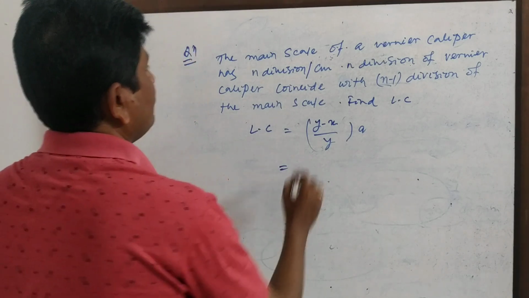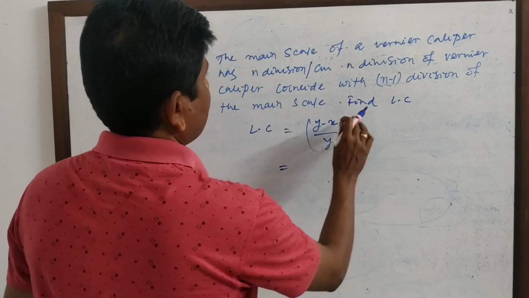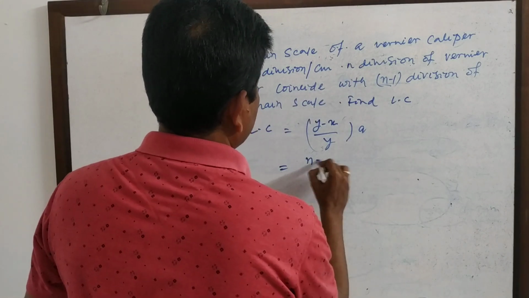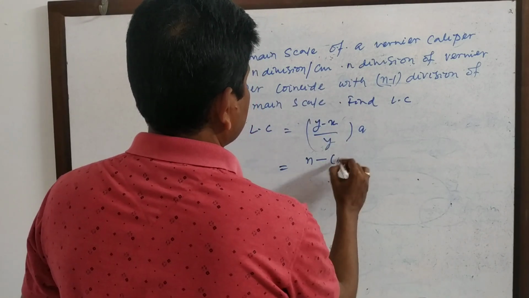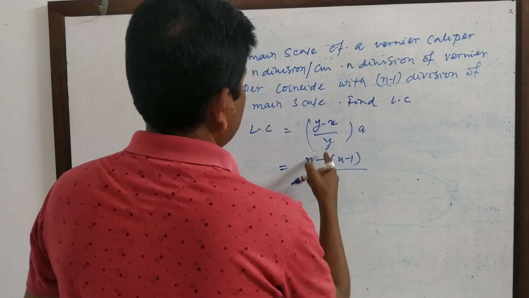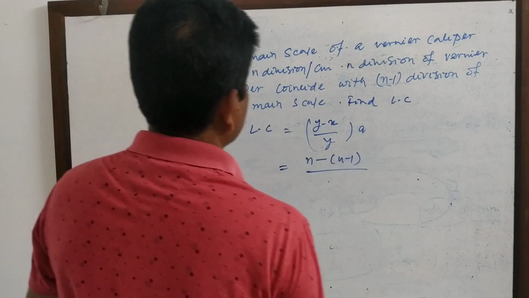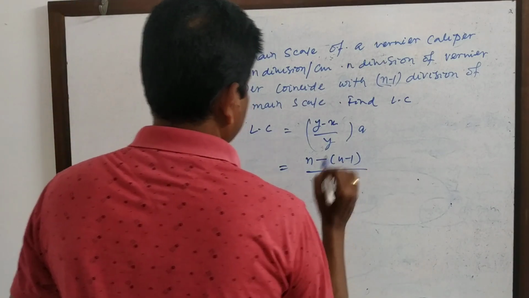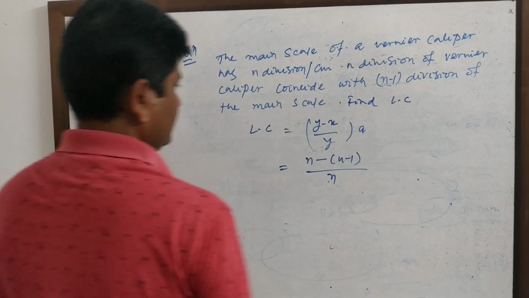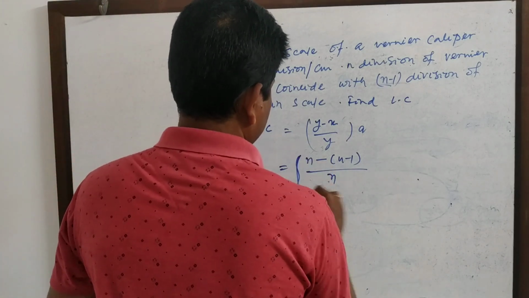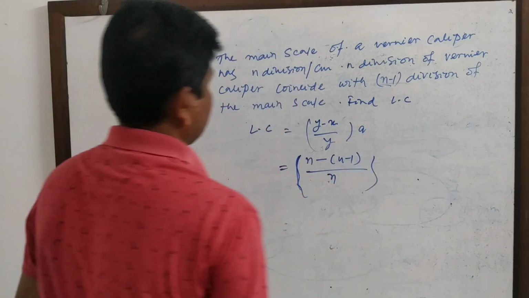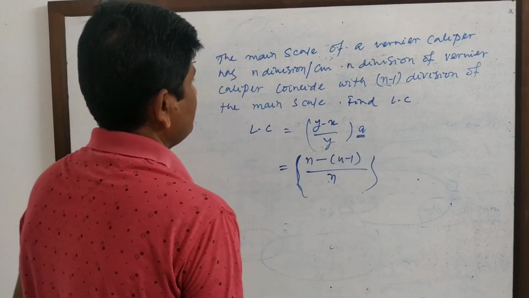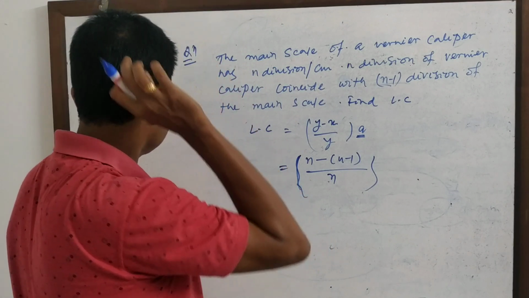Now y minus x: y is n divisions, y is equal to n, x is equal to n minus 1, so y minus x is 1, by y, the number of divisions of the vernier scale, n. Now a is the graduation, or the one main scale division.